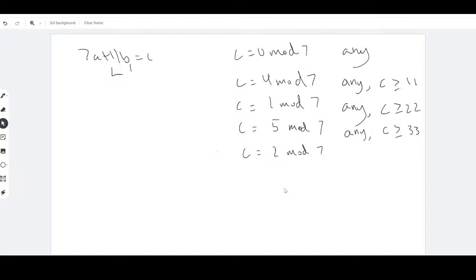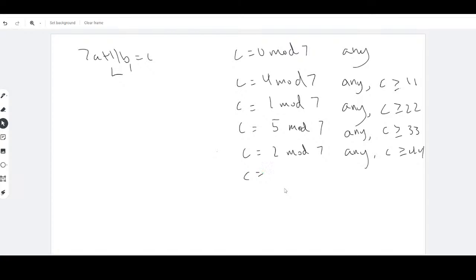If C was 2 mod 7, B would be 4 mod 7. So the minimum of B would be 4, and the minimum of 11B would be 44. So with the same reasoning as before, C would have to be greater than or equal to 44.